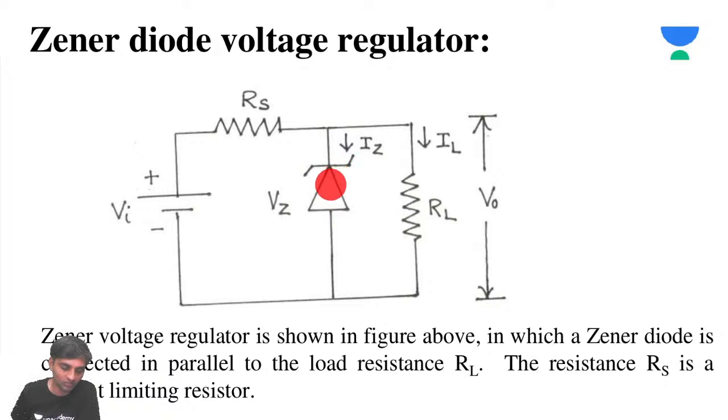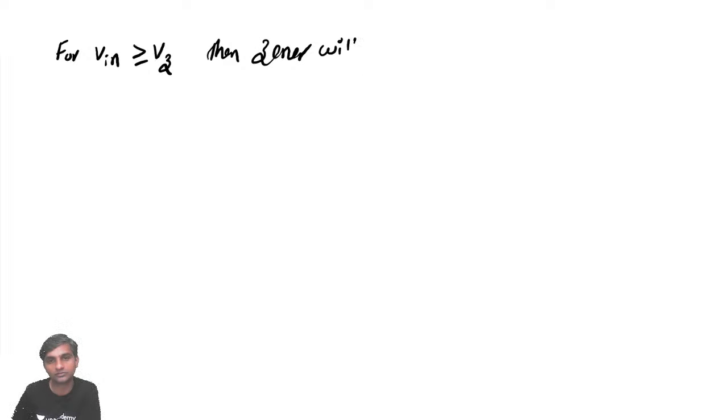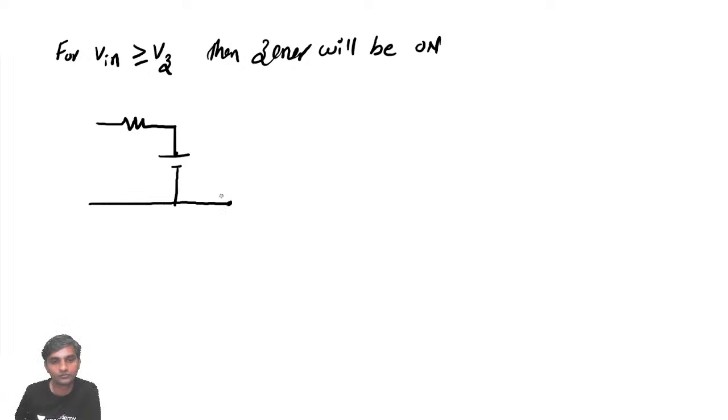When the Zener is on, the circuit gives a constant voltage.